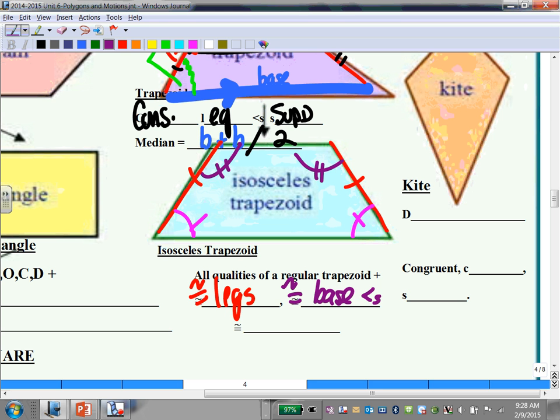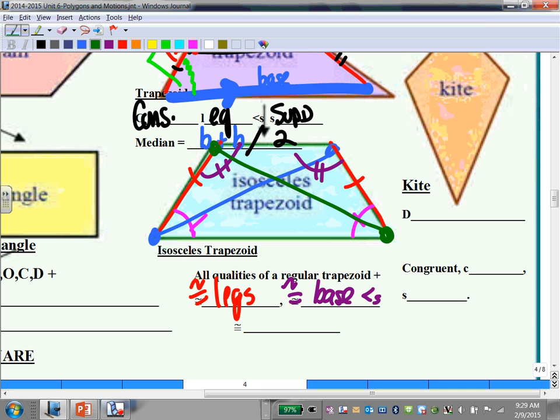Draw on the diagonals. Kind of darken the corners there. Ready? I'd like you to finger pinch the blue diagonal. Now finger pinch the green.